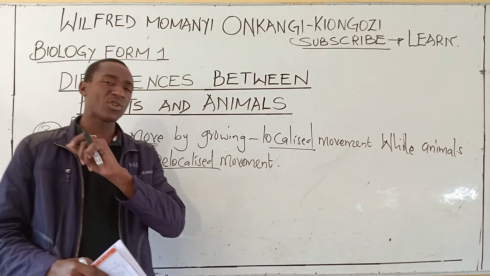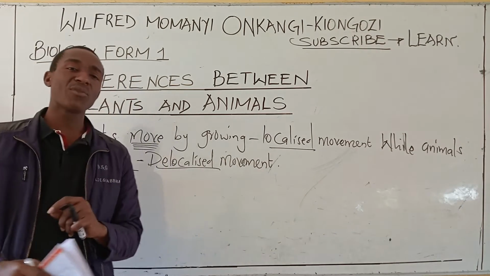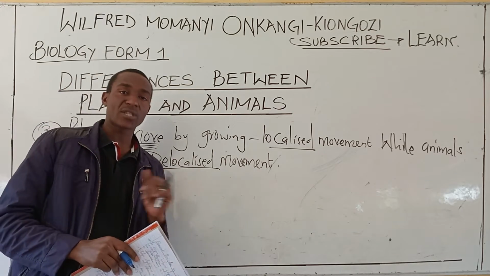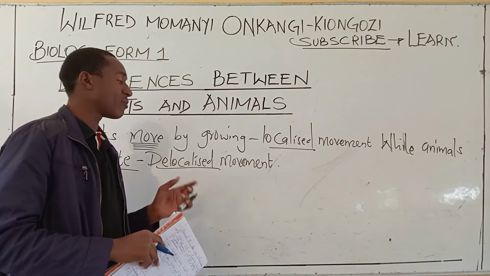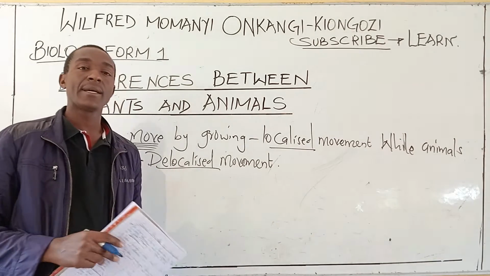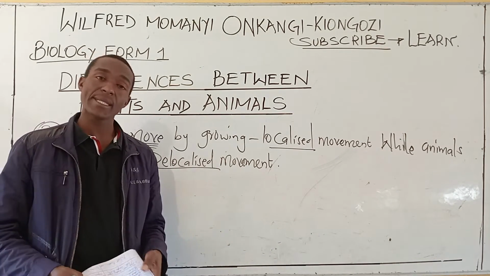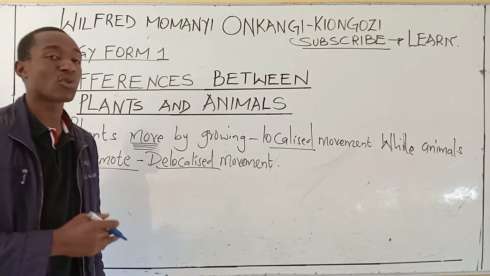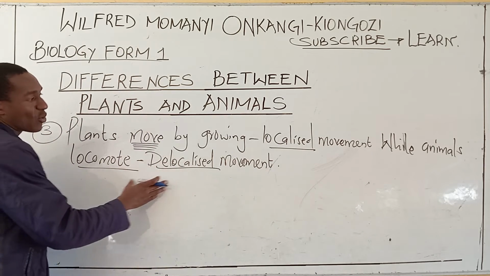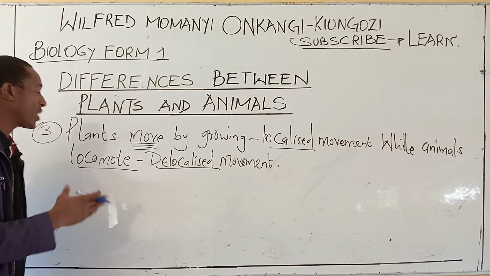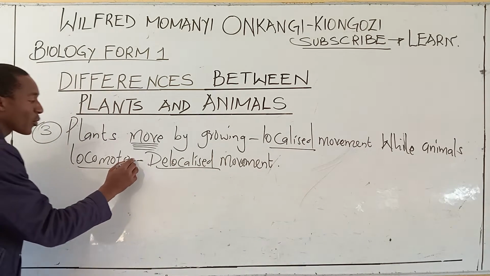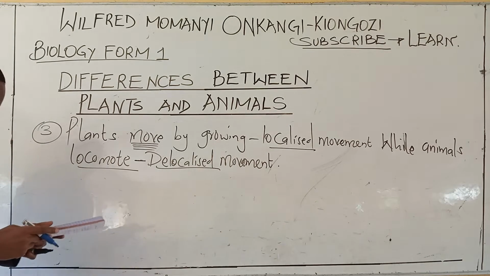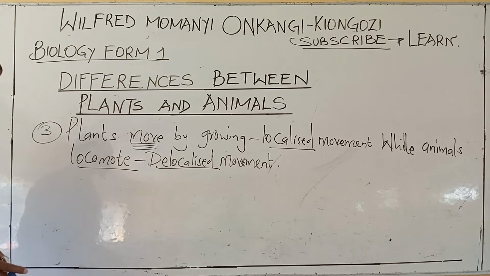Reasons why animals locomote: they may locomote in search of food. They may also run away from harmful or dangerous or injurious stimulus. They may move looking for mates for reproduction to take place and so forth. So there are reasons why animals move, in such a way that they will move from one point to another, not like plants.